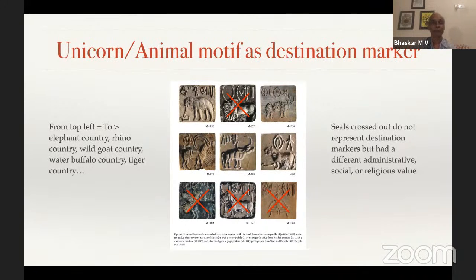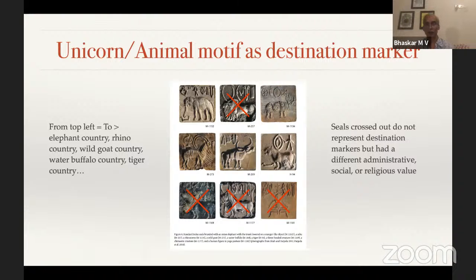So we find from top left, if we assume it to be a destination marker, then we see the first seal on the top left as meant for the elephant country, the third one as meant for rhino country, the fourth one as meant for wild goat country, the fifth one for the water buffalo country, the sixth one for tiger country, etc., etc.